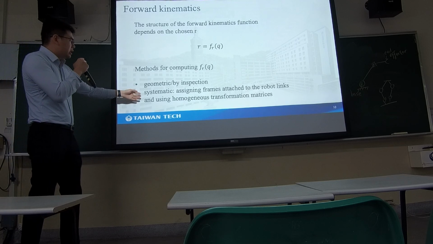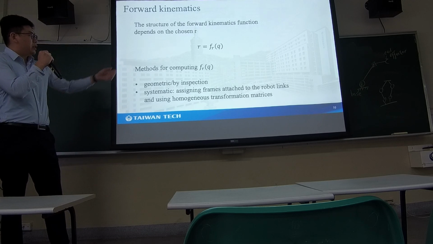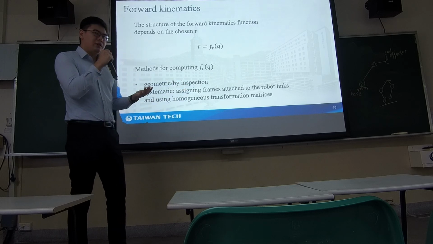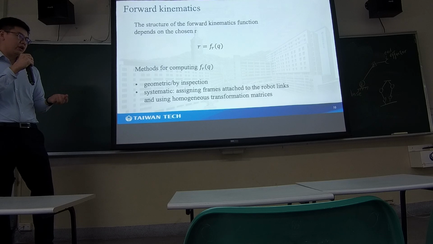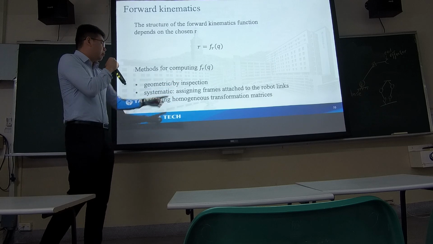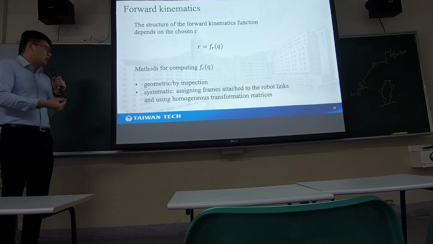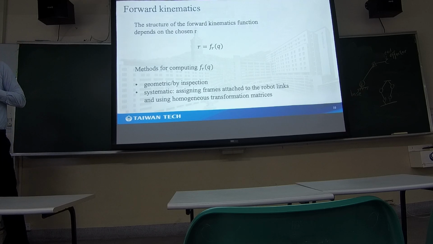The second one is the systematic way to find this function: we need to assign the frames, like we did last week. I think in your homework, you have already tried to assign the frames attached to the robot links and use the homogeneous transformation matrices to calculate the forward kinematic function.